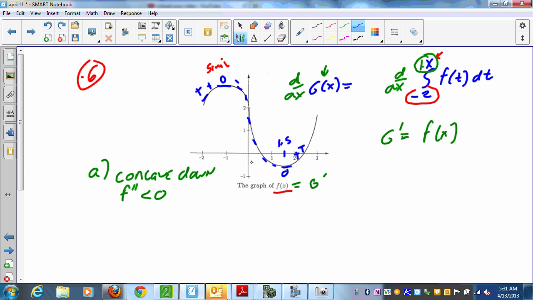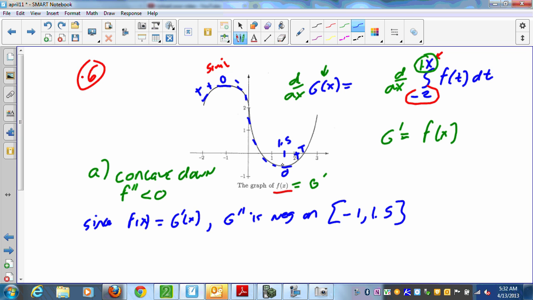So justifying your answer there, you have to mention that you could say since f of x is equal to g prime of x, you could say that the second derivative is negative on the interval from -1 to 1.5.